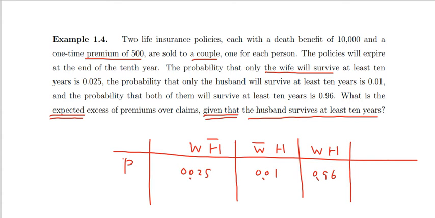And we also have one more case, that both of them died. So what is this probability? We can add them up totally.